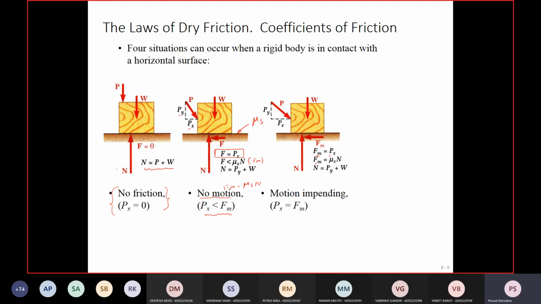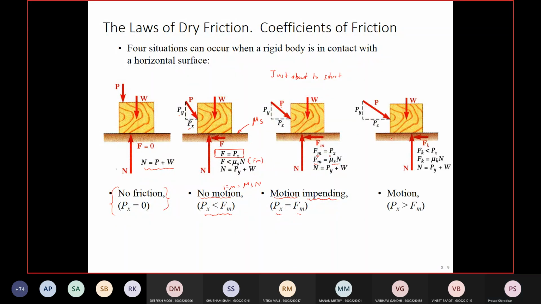In this case, F max, as you know, is mu s into N. Now in this case, Px is equal to Fm and the motion is described as impending. What do you mean by impending? It is just about to start. A slightest increase in the value of this P will cause the block to move.